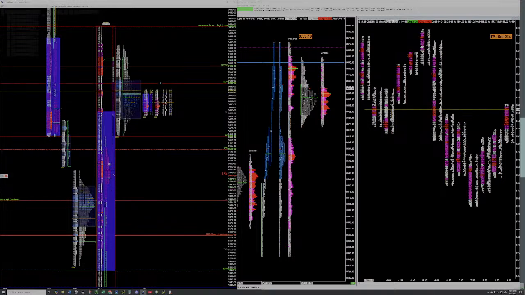And why is that important? Because while many people would see this as an inside day so far, a day in balance, this actually is starting a trend to the upside. We have one down here, another one here, and this one is in balance with the upper distribution.